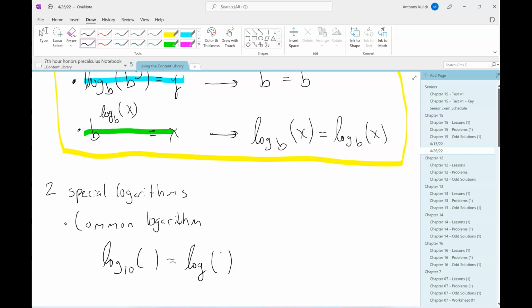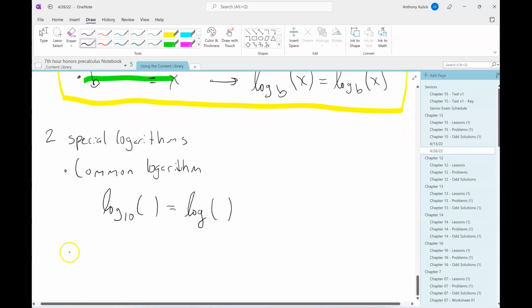And we're going to understand that that means log base 10, which is not uncommon, right? When we write a square root symbol, we don't write the index of 2 in there. We just know that it's index 2, because we've decided that when we don't write an index, it's index 2. Same idea here. If we don't write a subscript on a log, we know it's just log 10.